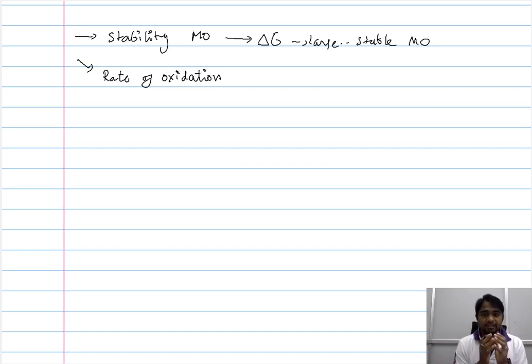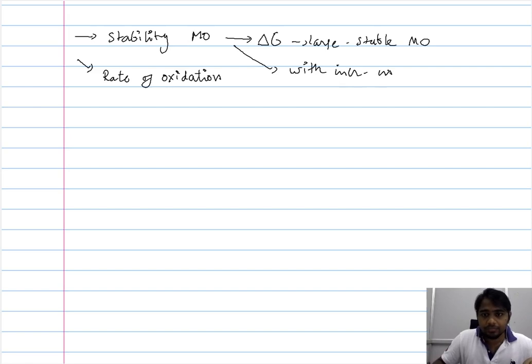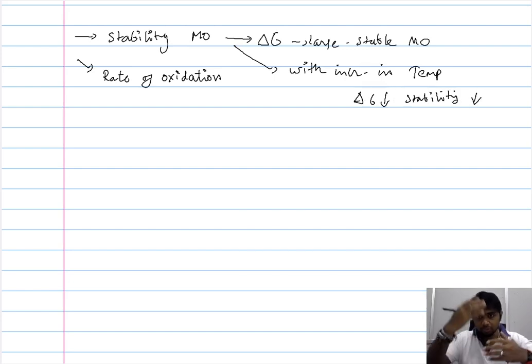The other aspect that is important to us is that with increase in temperature, the change in the free energy, which corresponds to the stability of the material, decreases, and therefore the stability correspondingly decreases. So there are two aspects.